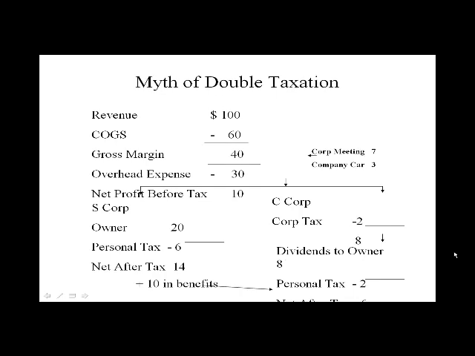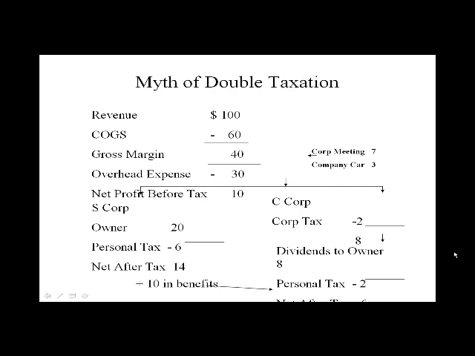However, that's not always a problem. Let's take the same scenario, but now our overhead expenses are different. What we've done is we decided to have a corporate meeting, an annual strategy session, a thank you party, a strategic retreat, where I don't know, Bermuda's nice, Hawaii's nice, the Bahamas, even Atlantic City.